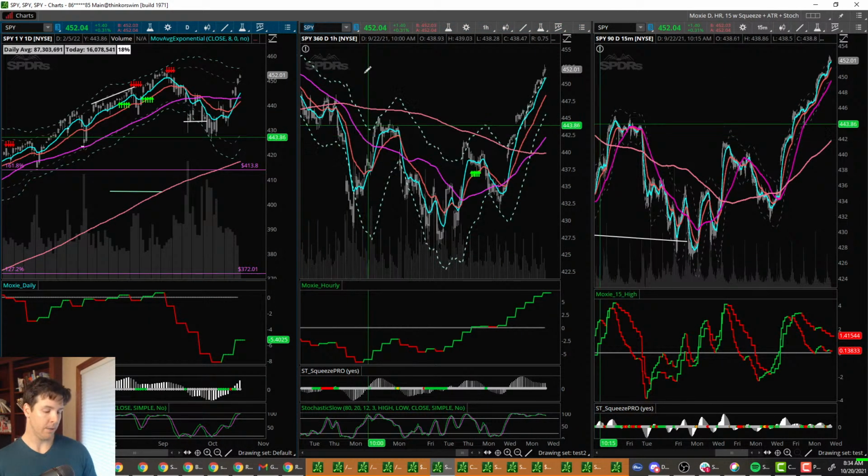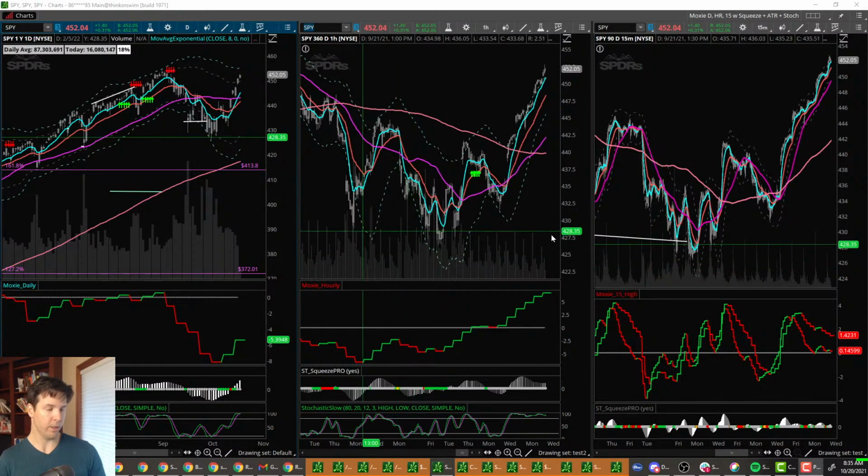As far as the S&P goes, let's see if I've got my drawing tool working. Look at this thing. We're not quite at the third ATR. Okay, that's fine. It's maybe not the thing that works this time, but we are coming up right near previous all-time highs.